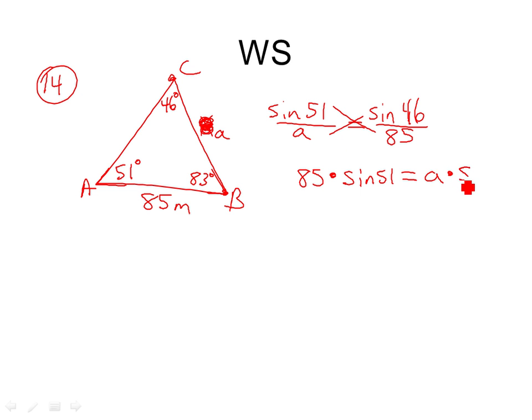A times the sine of 46. To get A by itself, what do we do? Divide by sine 46. These cancel, leave you with A.